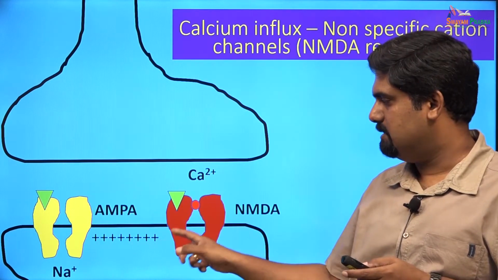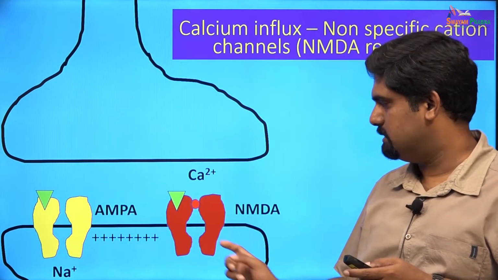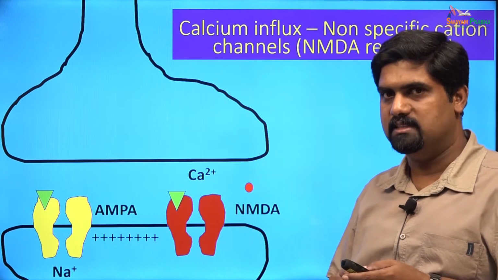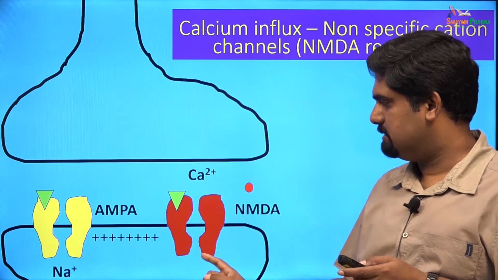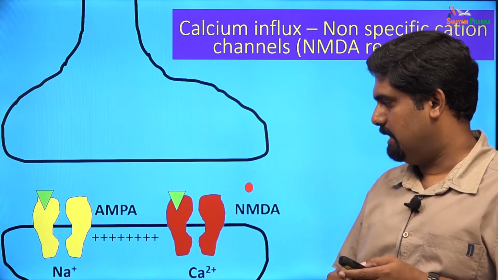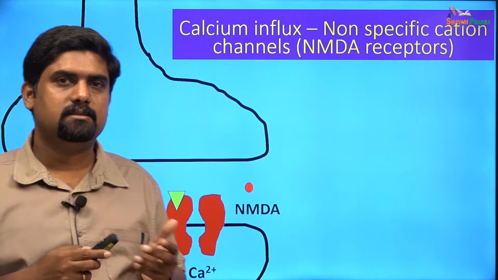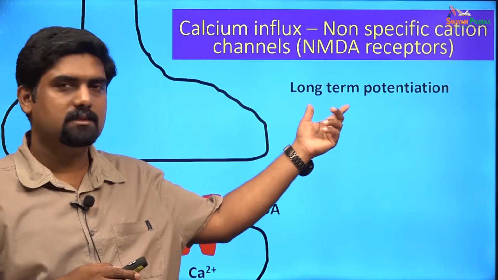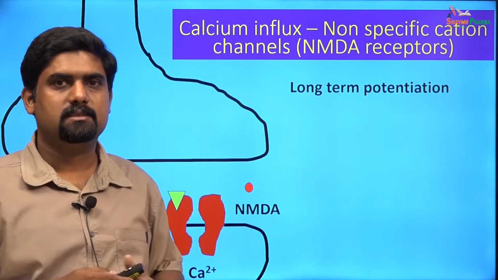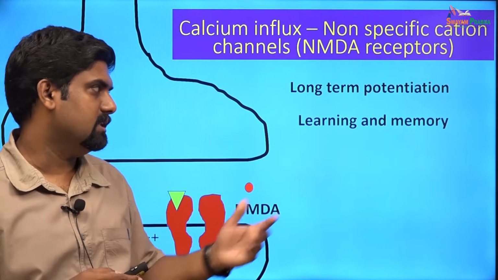But when the cell gets depolarized, this magnesium will move out and the magnesium block is relieved. This then favors calcium entry into the cell, and such calcium entry into the postsynaptic neuron is thought to be responsible for long-term potentiation, which is the mechanism that causes learning and memory.